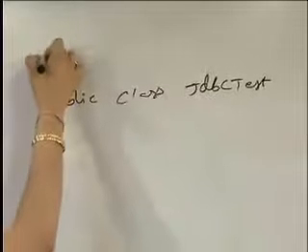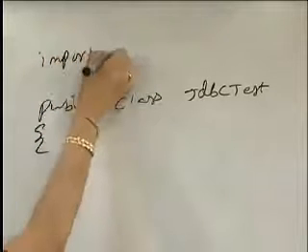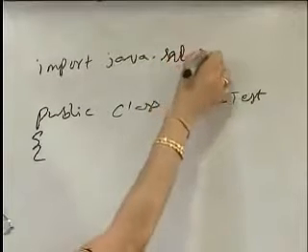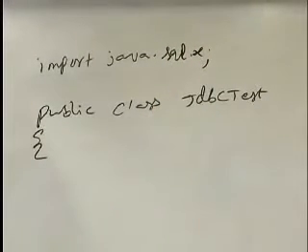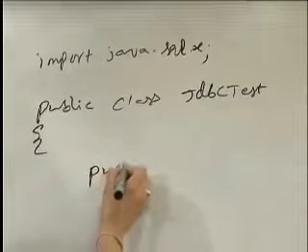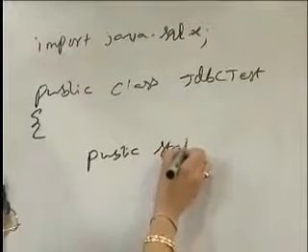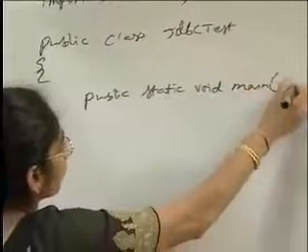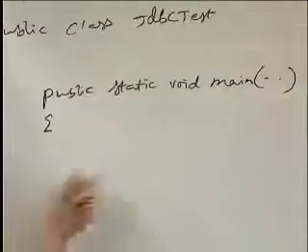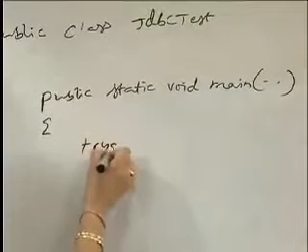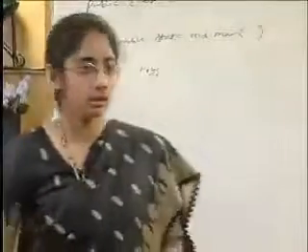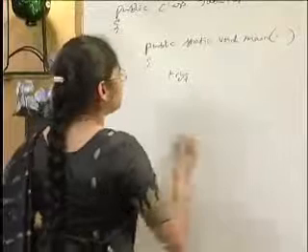Now, in order to work with JDBC, we need to import java.sql.*. Since the methods that we invoke for JDBC throw SQL exception, we need to have them in a try-catch block.